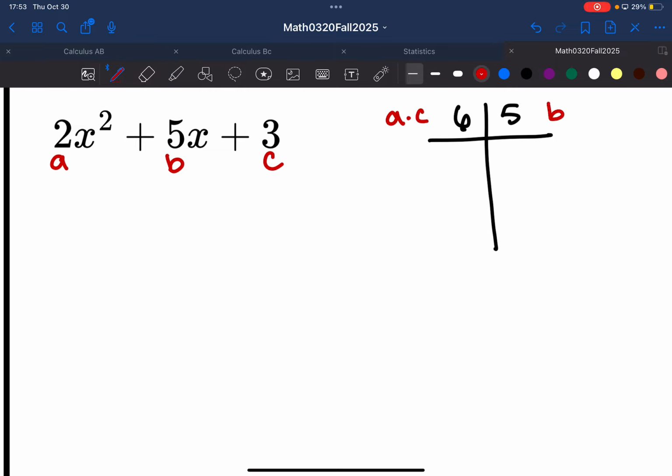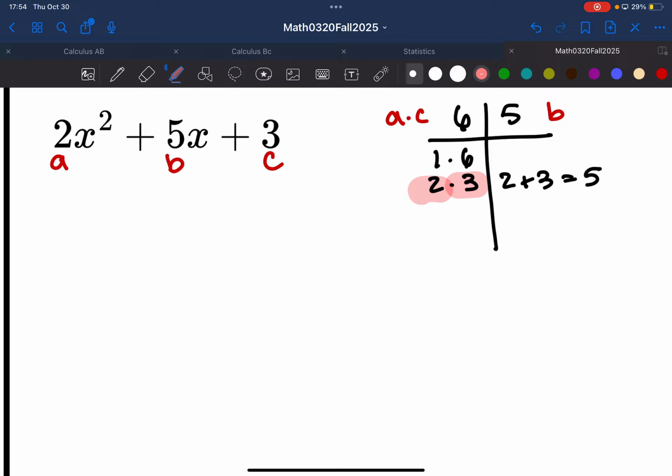Then we look at all the factors of 6. We have 1 times 6 and 2 times 3. Which of these, if I was to add them together, would give me 5? 2 and 3. So I know I'm using 2 and 3.